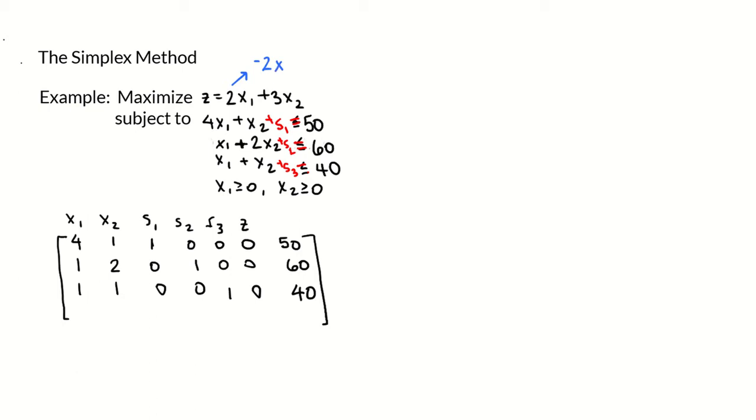That would be negative 2x1 minus 3x2 plus z equals 0, because we subtract 2x1 and 3x2 from the left. And then we add that equation as the final row here. So negative 2, negative 3, 0, 0, 0, 1, 0.